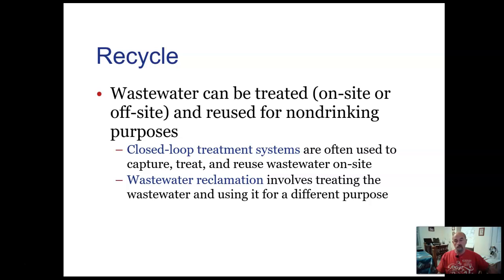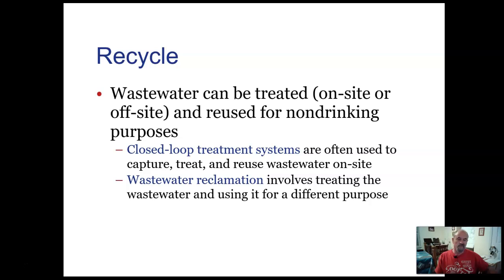Recycling wastewater. Wastewater can be treated on-site or off-site and reused for non-drinking purposes. We'll talk about a closed loop and an open loop. Closed-loop treatment systems are often used to capture, treat, and reuse wastewater on-site. Wastewater reclamation, though, involves treating the wastewater and using it for different purposes.